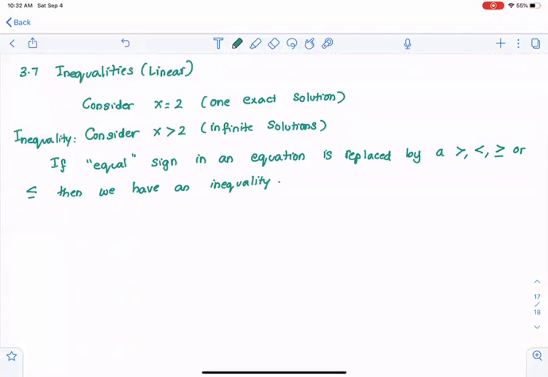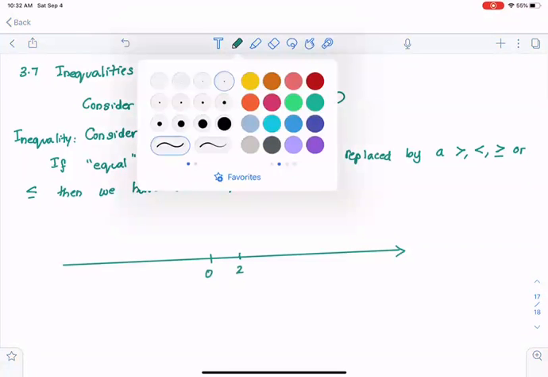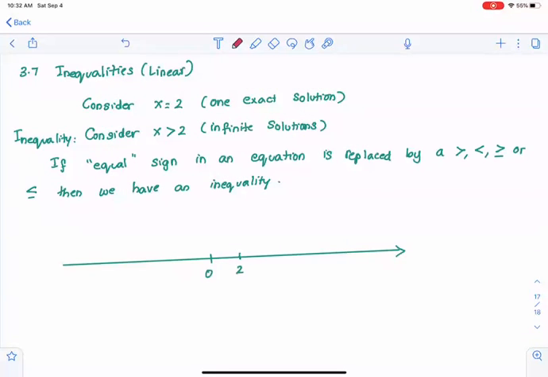So let me take x greater than 2 by itself. Since I don't see an equal to in the inequality, in the sense there is a line underneath in those two cases, that would mean greater than or equal to, or less than or equal to.